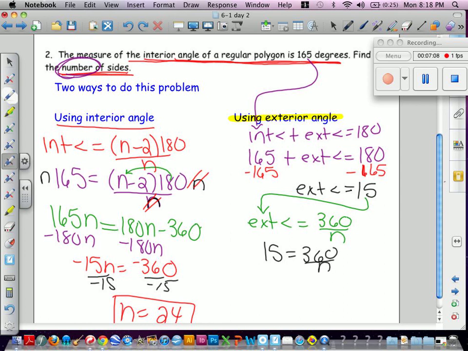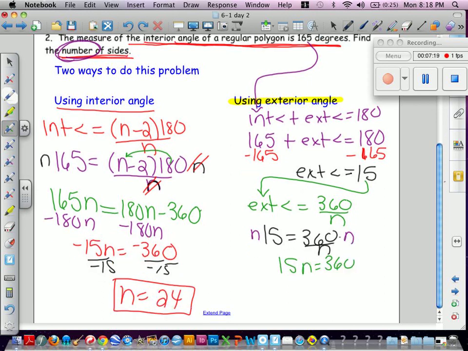Multiply each side by n. Now you have 15n is 360. Once again, you're dividing by 15. It'll be in the same spot. n equals 24. Two ways to do that problem.